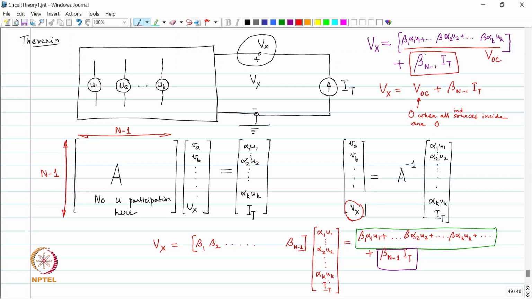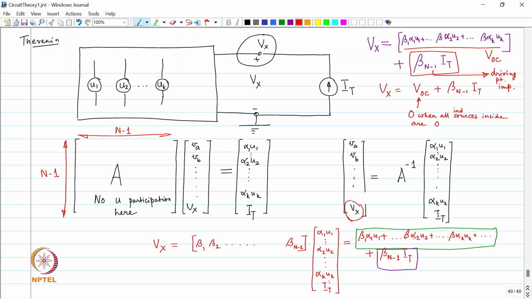Beta n minus 1. This is nothing but my driving point impedance. Correct? Just that factor beta n minus 1, whatever that is, right. Long history is there, but whatever that is, it is my driving point impedance.